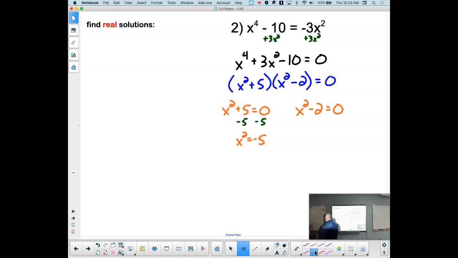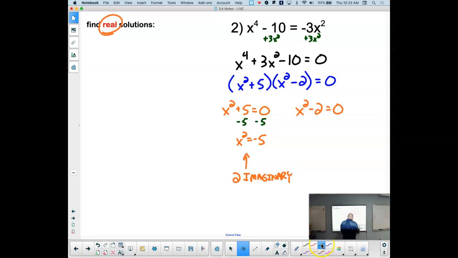And that's one of those imaginary cases. We're going to have two imaginary solutions from that one, but we only asked for real solutions, so we don't have to worry about those at all.